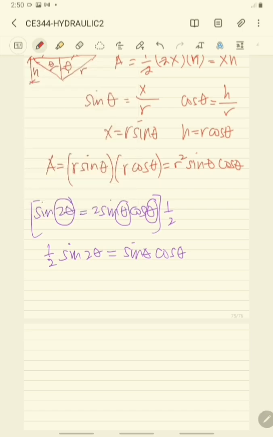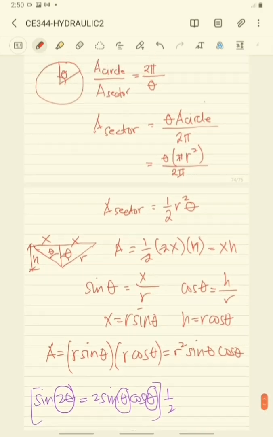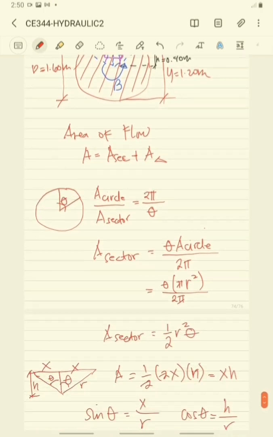We now have area equal to r squared times 1/2 sine 2 theta, or 1/2 r squared sine 2 theta. So I guess we are ready for our formula for the area of flow.